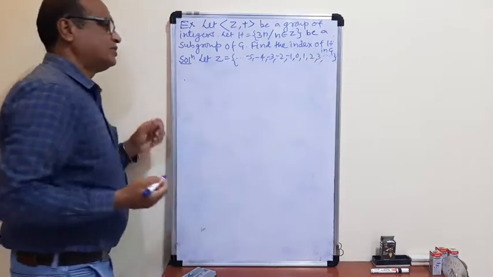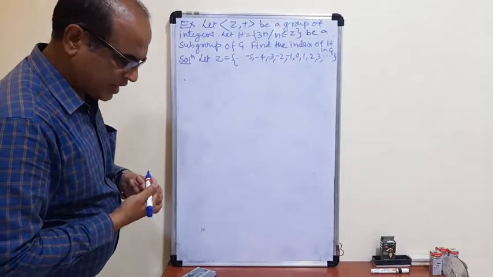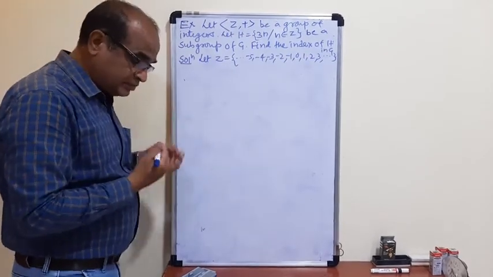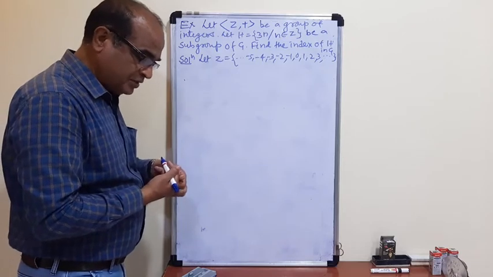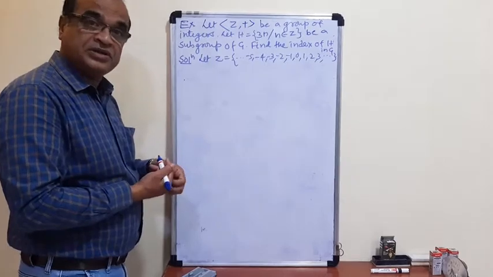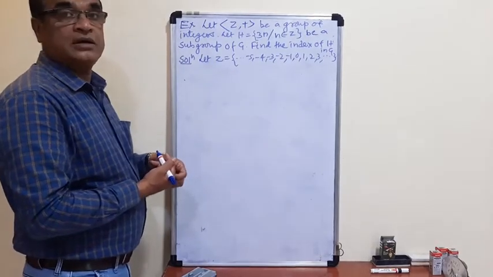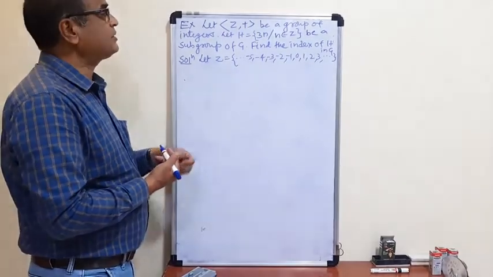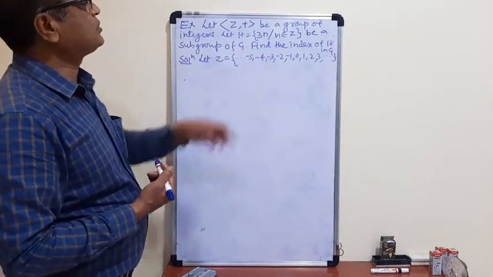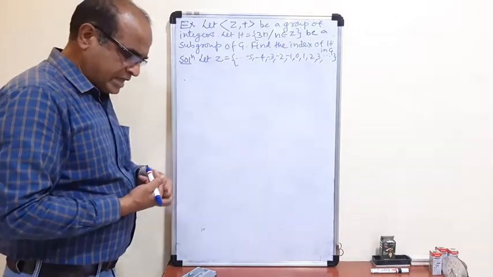So this is the set of integers here. And H is the set of all such 3n where n belongs to Z.